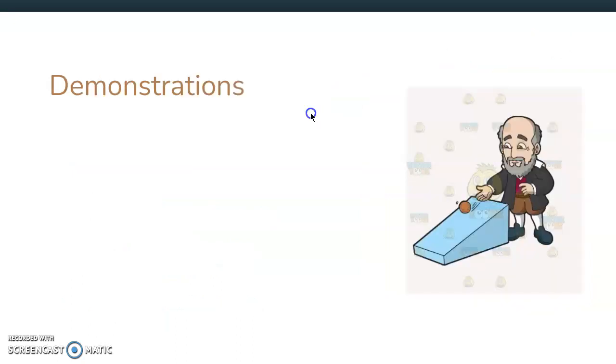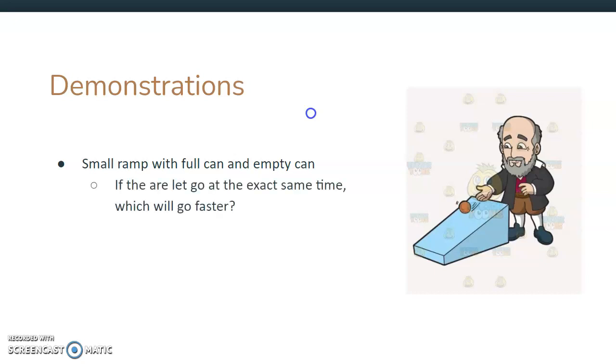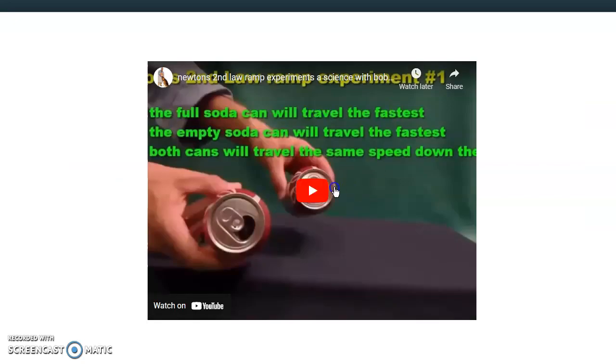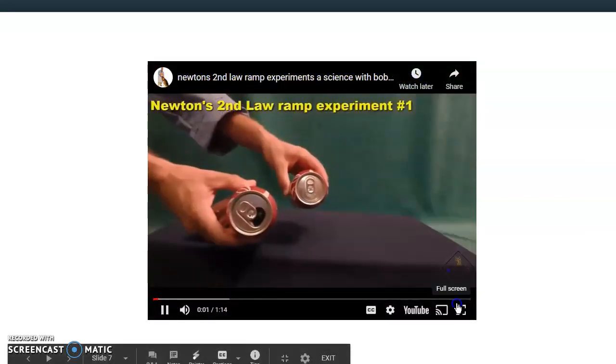So we're going to watch a demonstration here. The idea is that we're going to take a small ramp with a full can and one with an empty can. And then we're going to let them go at the exact same time and see which one will go faster. And then we'll look at why. Why is this happening? So this is just a quick video we'll watch.